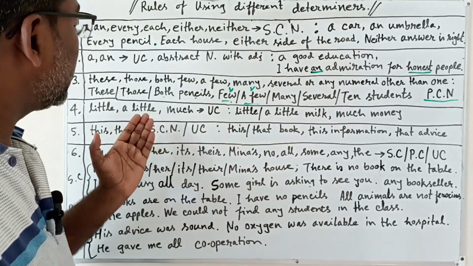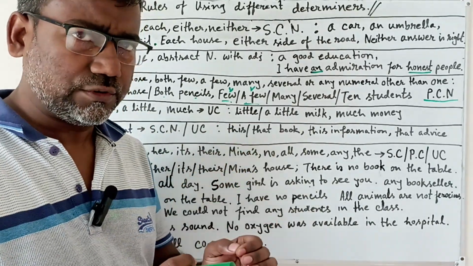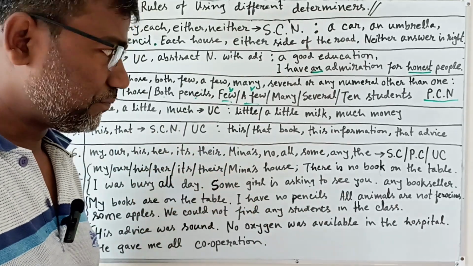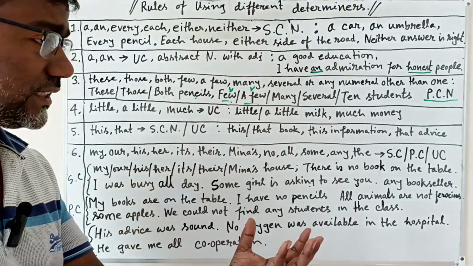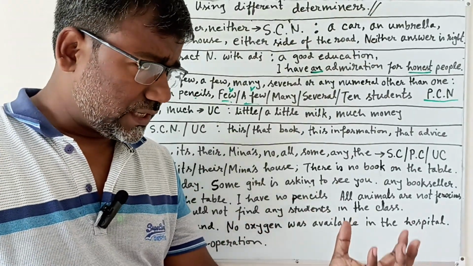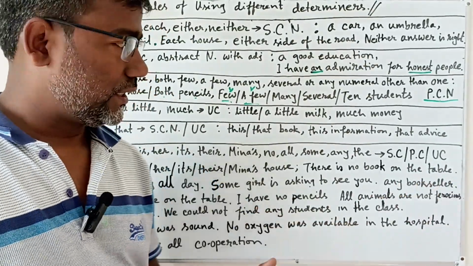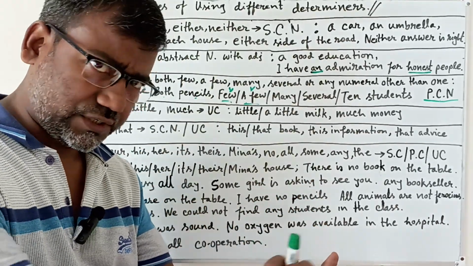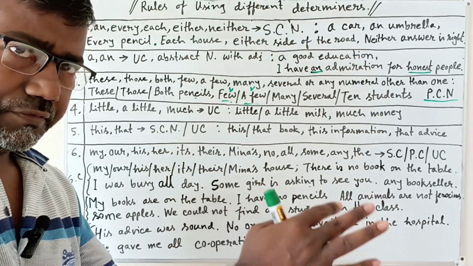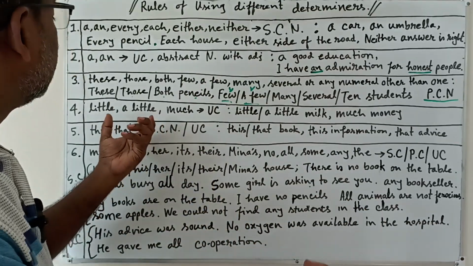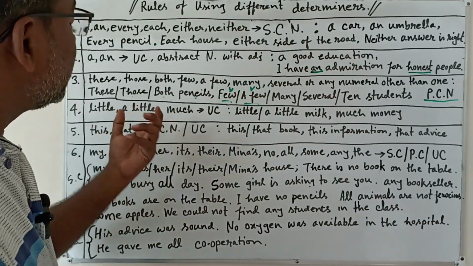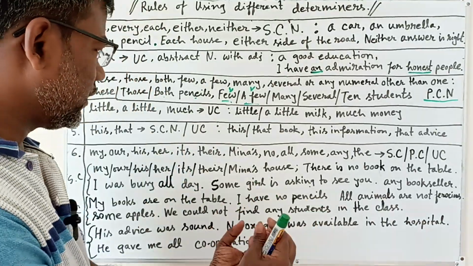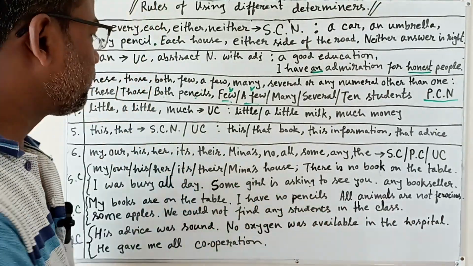But when you say a little, it is small amount, not much, but it is considerable. Suppose there is little milk in the glass, you may wash it. It is ignorable. I can't drink this little milk. There is a little milk in the glass, please drink it. So it's considerable amount, you may drink it.